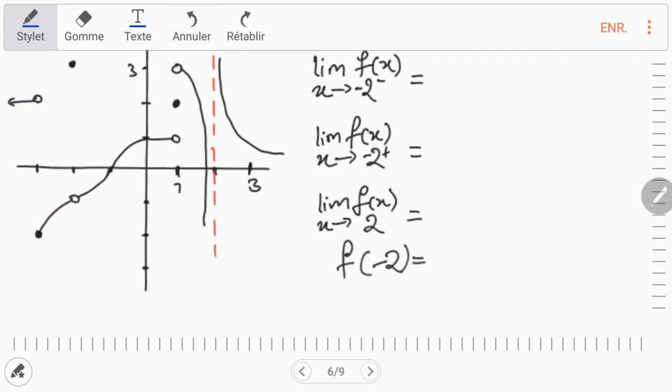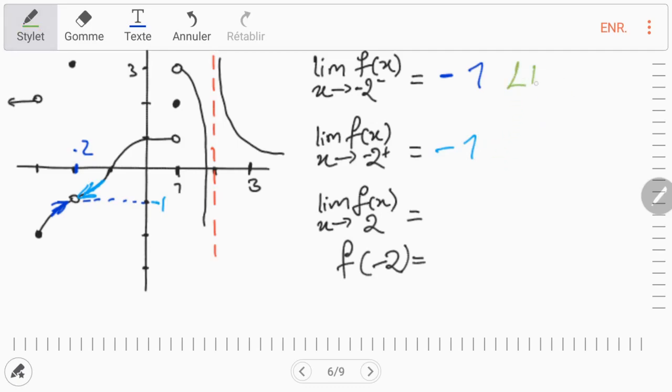Here we are asked to identify the limit of f of x as x approaches minus 2. We identify first minus 2. The limit of f of x as x approaches minus 2 from the left side, we obtain minus 1. The limit as x approaches minus 2 from the right side, we obtain the same, minus 1.